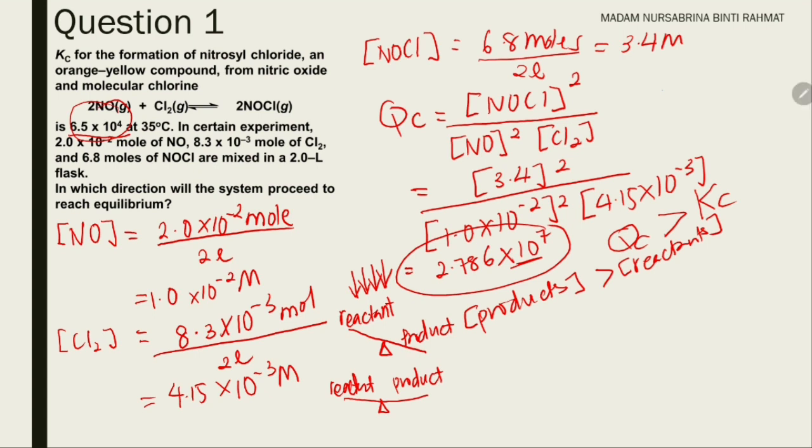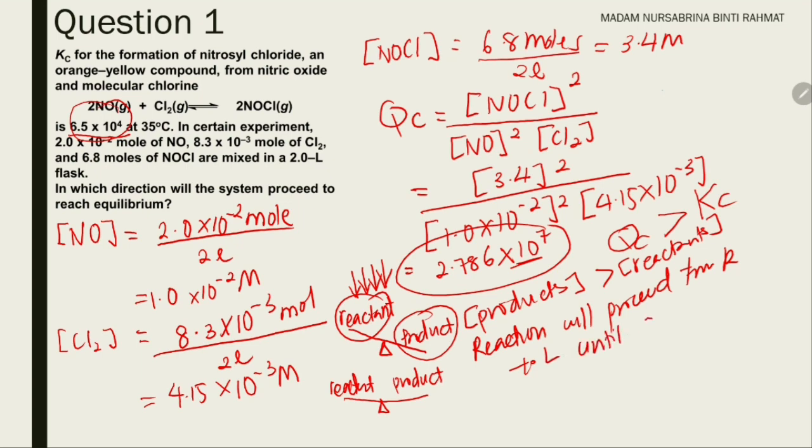So the heavier part will be shifting to the lighter part. In other words, we're going to use up the heavier part, which is your product, to produce more of the light part, which is your reactant. So the reaction will proceed from right to left until Q equals K, where an equilibrium has been established.